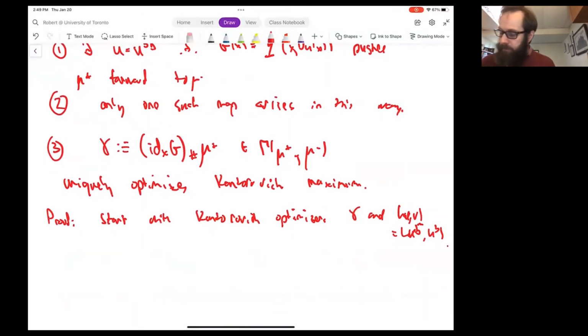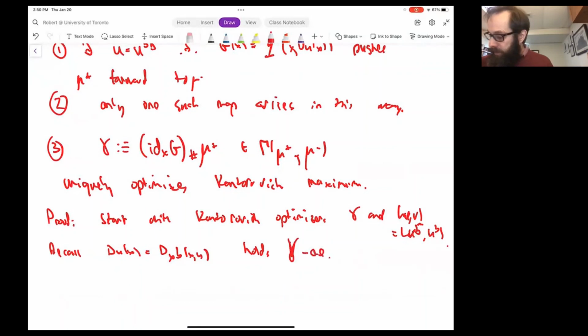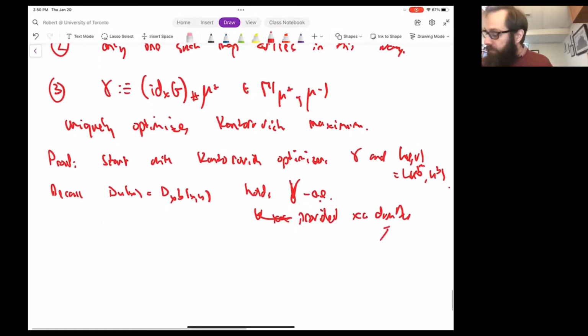And recall du of x is equal to dxb of x, y holds gamma almost everywhere for every x, provided x is in the domain of differentiability, and this is full mu measure.